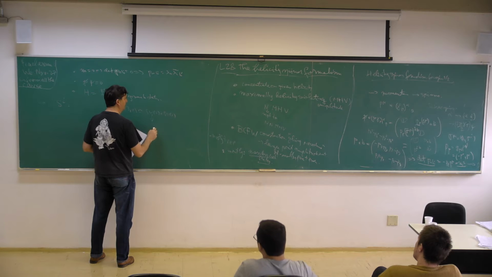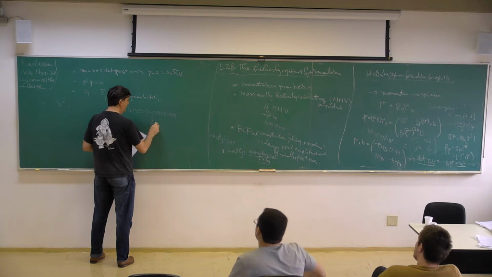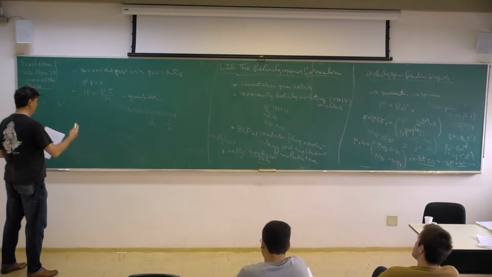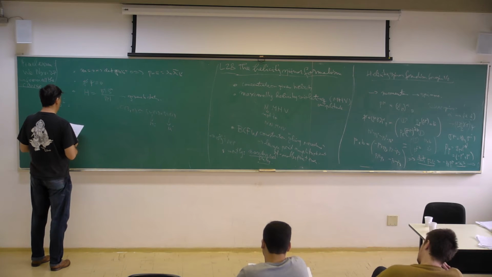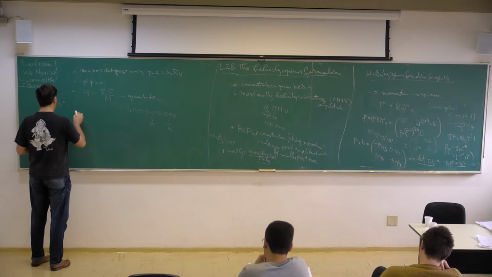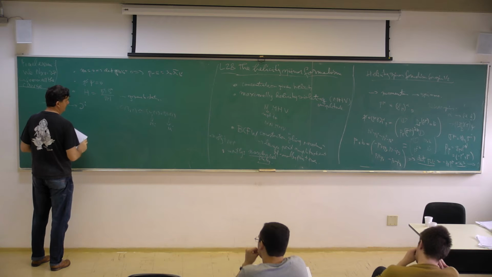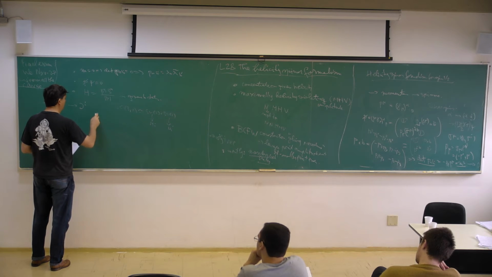How did we call them? M and N, I think. So S_i would be the operator J_i, that is the average of these things.